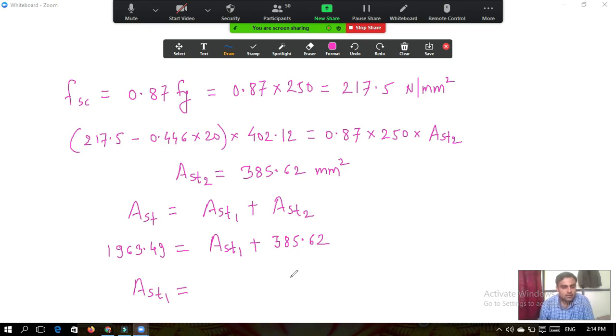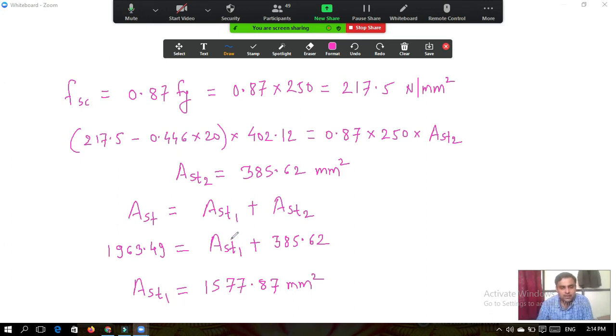Just subtract the values. 1577.87. Okay, so 1577.87 mm square is AST1.